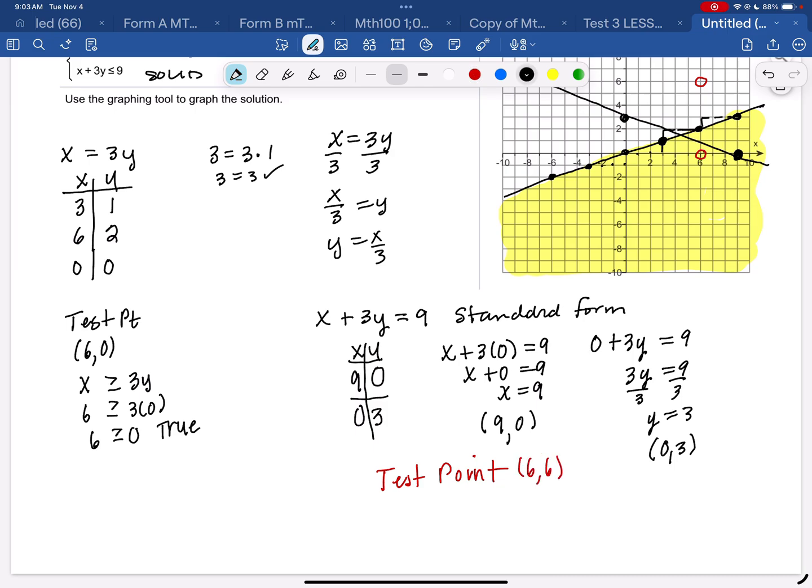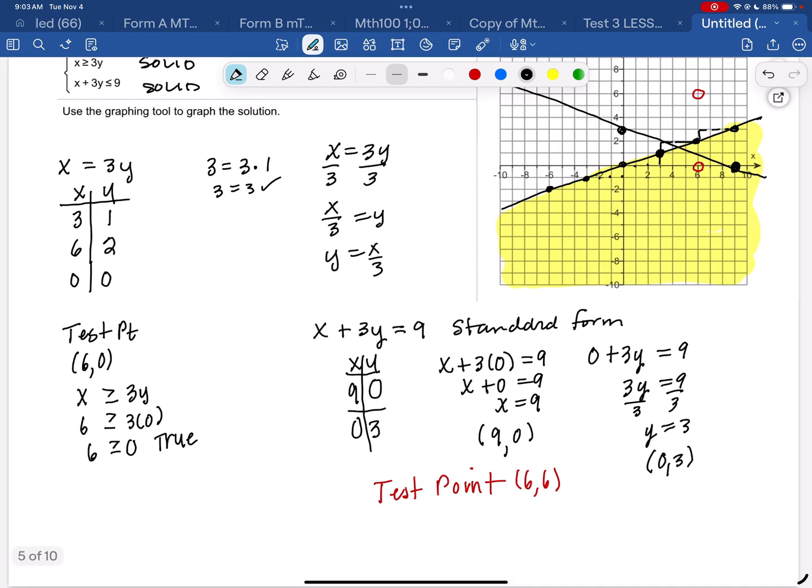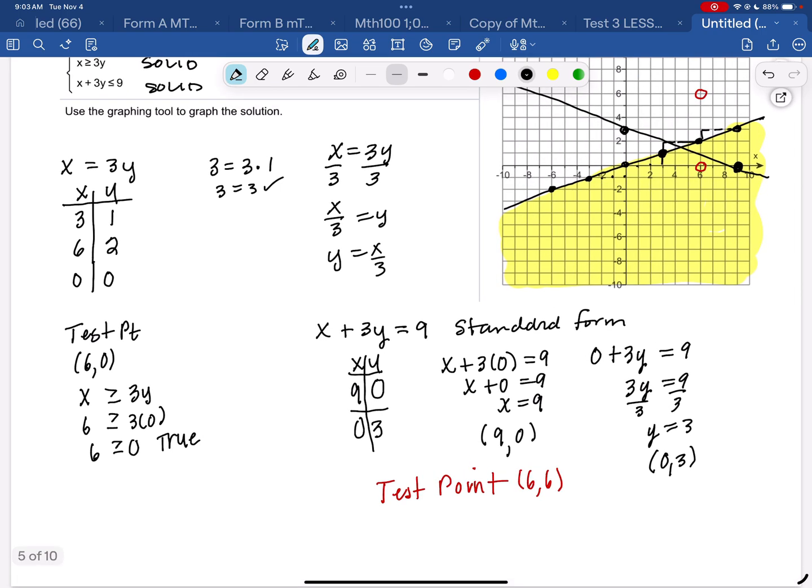So that inequality is x plus 3y is less than or equal to 9. So 6 plus 3 times 6 is less than or equal to 9. Because remember, it's x plus 3y is less than or equal to 9.